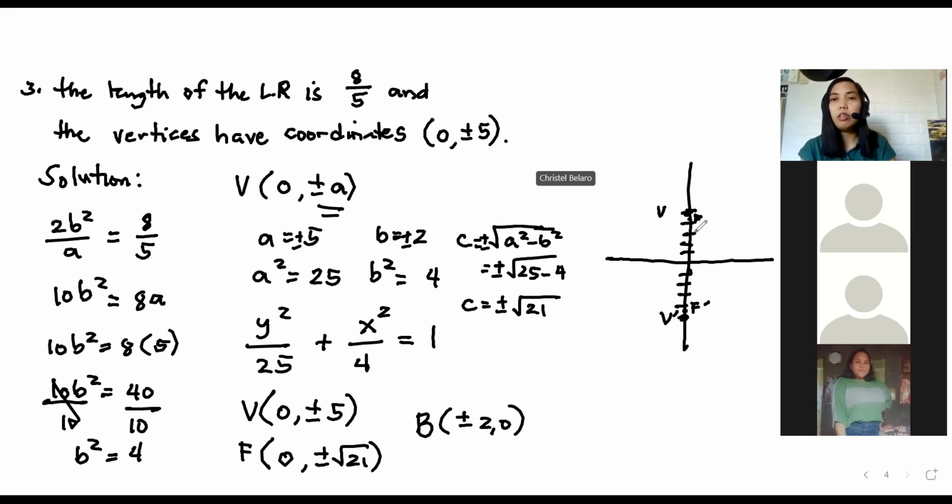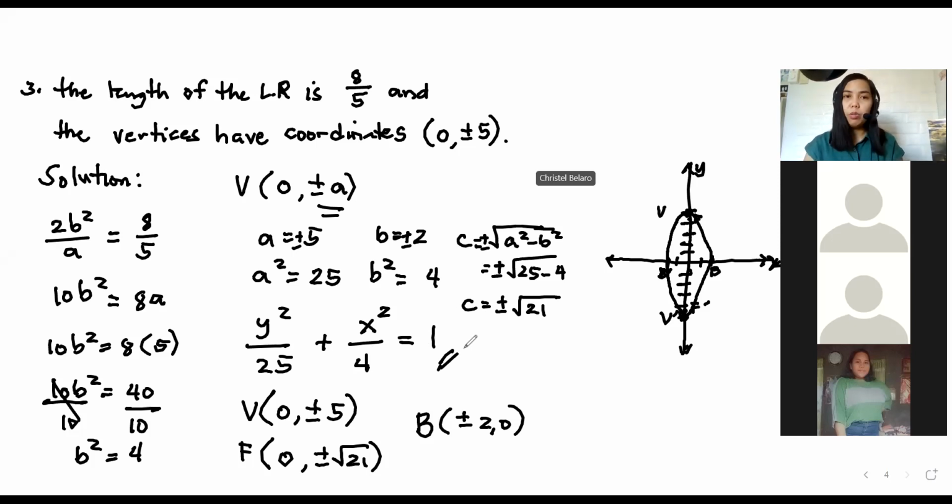Anyway, it will not touch the graph. It is always inside the vertices. And for the coordinates of the minor axis, positive, negative 2. Only the vertices and the endpoints of the minor axis touch the ellipse. Okay? So, supposedly, it looks oval-like. So, that is the graph of this equation.